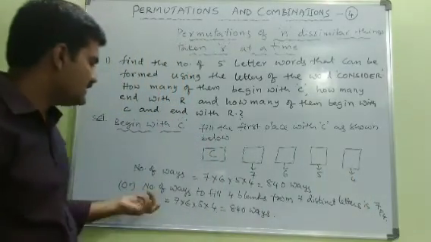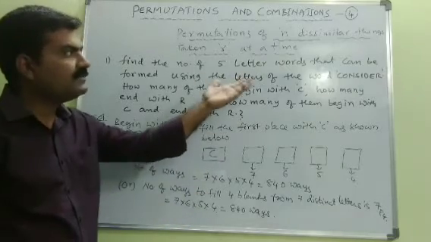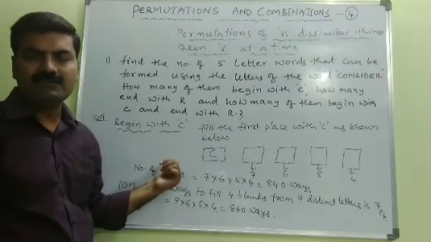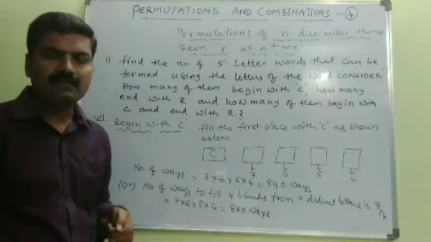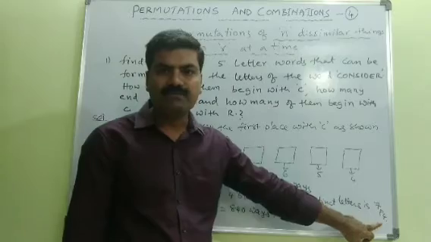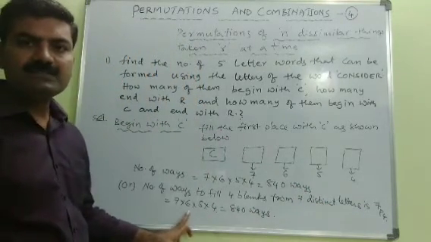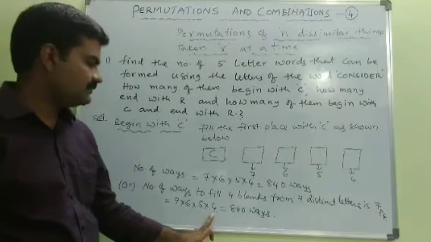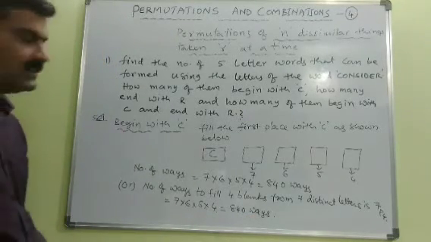That's generally using the formula of nPr. There are 7 letters because 1 is already reserved, so filling the 4 blanks using 7 distinct letters can be done in 7P4 ways. 7P4 is nothing but 7 into 6 into 5 into 4, that is 840 ways.